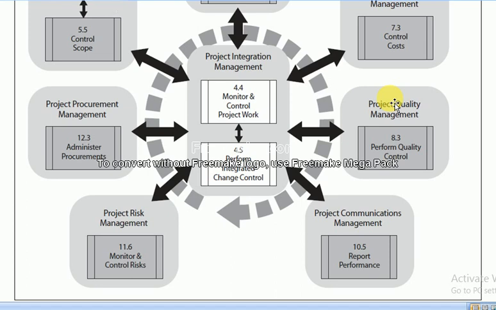The 13th step is report on project performance. My dear students, forecasting and project performance are measured during monitoring and controlling. So project performance reports are sent to the relevant stakeholders during this phase.